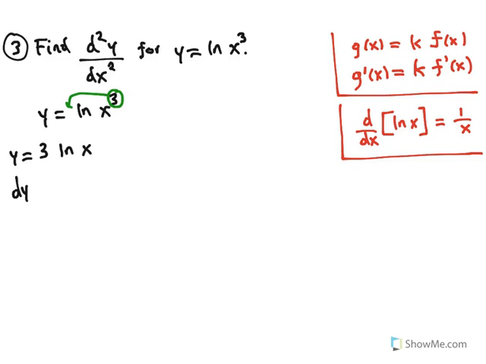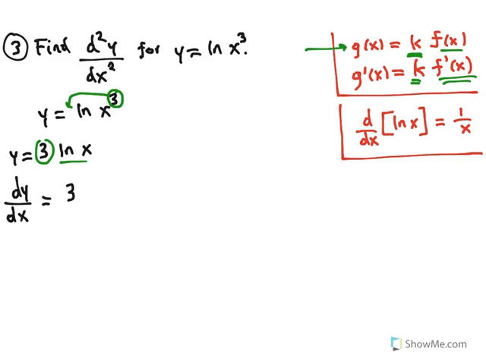So now we can find the first derivative, y prime. You can also write dy dx. It will be equal to, here we have a constant multiple times natural log, and the derivative of a function that's a constant multiple times a differentiable function is the constant multiple times the derivative of the differentiable function.